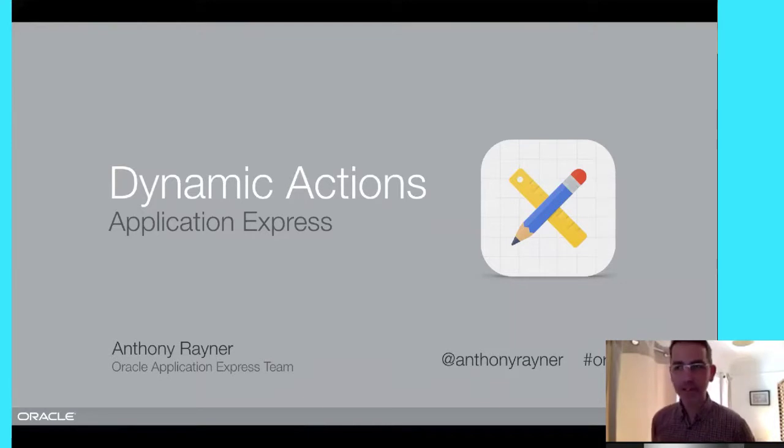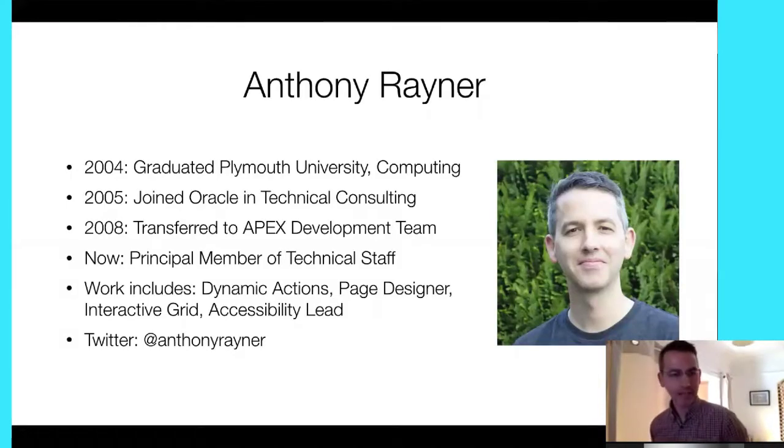Thank you for the opportunity to talk to you today. My name is Anthony Rayner. I work for the Apex development team, have done for just over 10 years, since 2008, and transferred over from Oracle Consulting after joining Oracle in 2005. I'm a principal member of technical staff, worked primarily on the client side for the last 2 or 3 years.